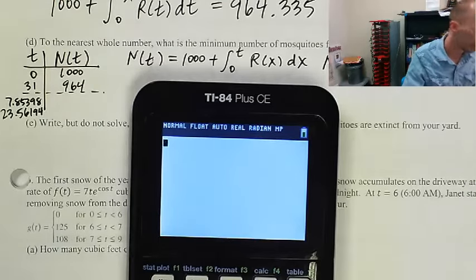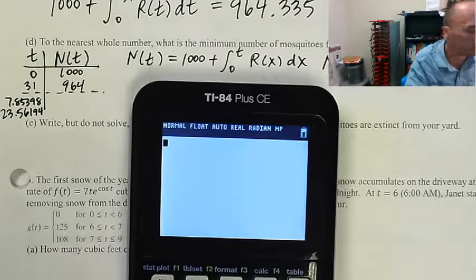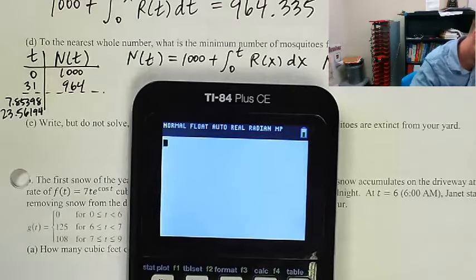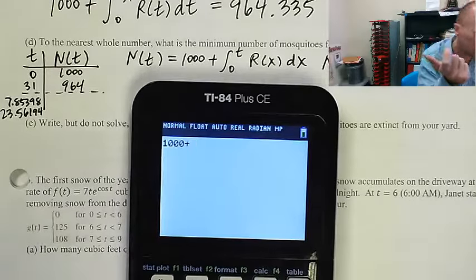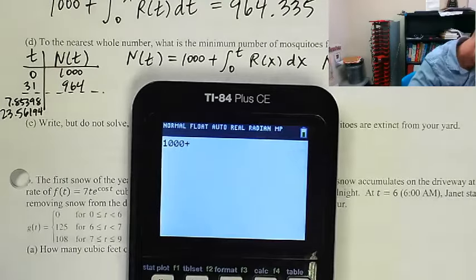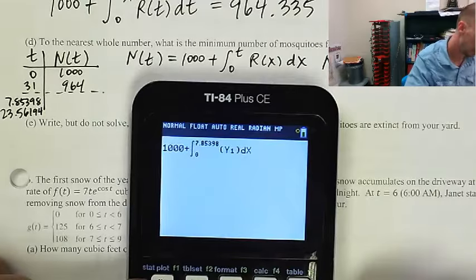It can do stuff, but it's never the thing to do. So I'm going to say 1,000, because we can always just copy what we had entered in the calculator before and just change the number, plus math 9, 0 up to 7.85398 of y1. It's thinking.